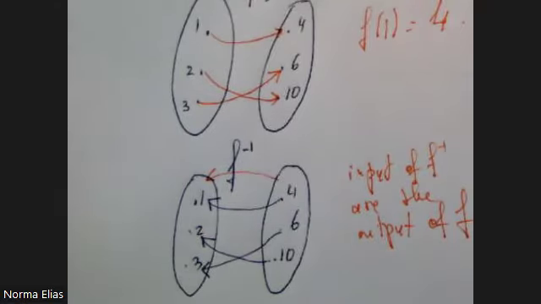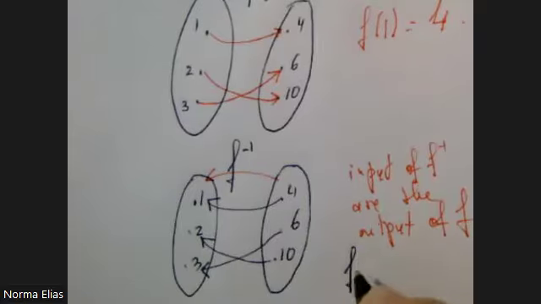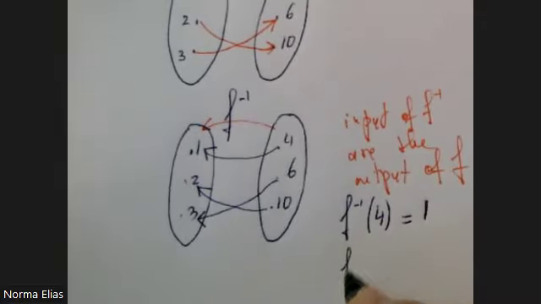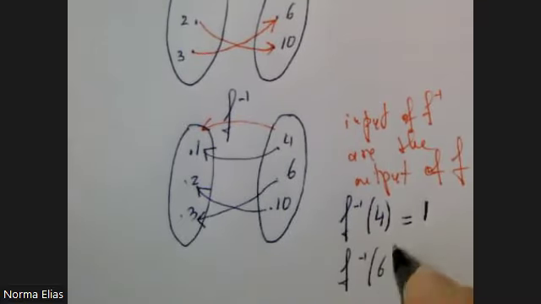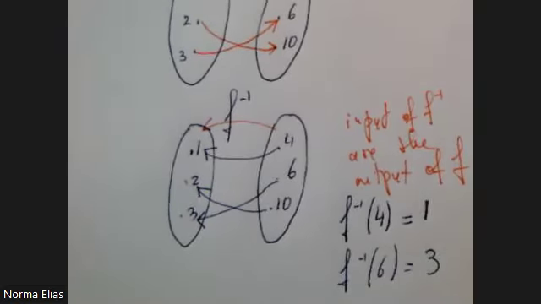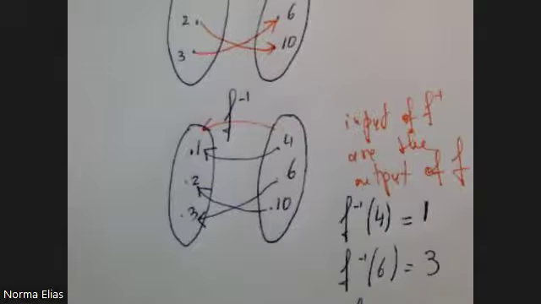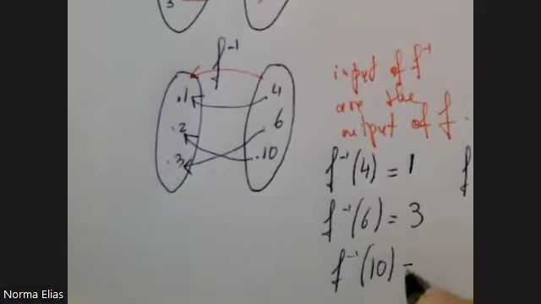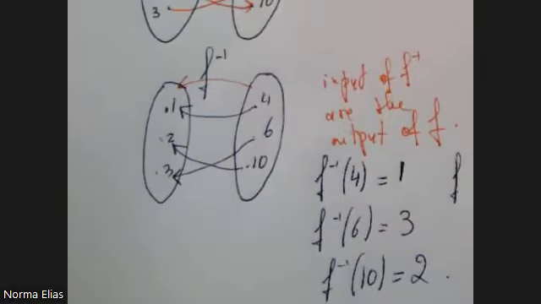So in this scenario, f inverse of 4 is going to be equal to 1. F inverse of 6 is 3. And f inverse of 10 is going to be equal to 2. So that's really the idea of f inverse.